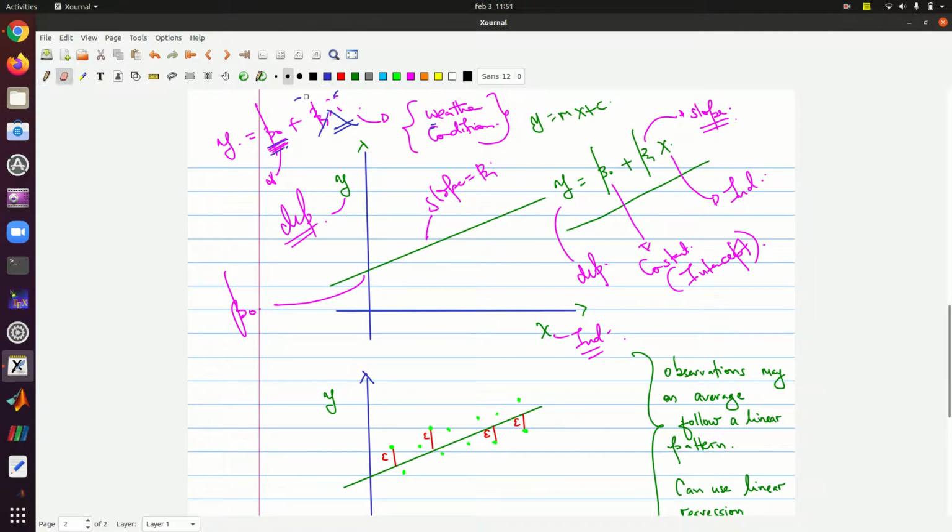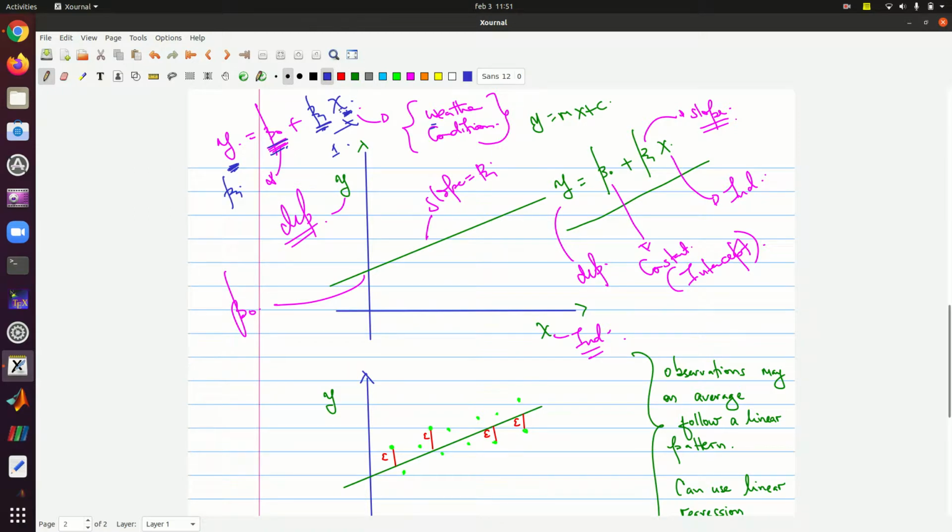And then this beta 1 here would explain how much y is going to change due to a change in x. For instance, if x increases by just 1 unit, then we would expect y to increase by a factor of beta 1.